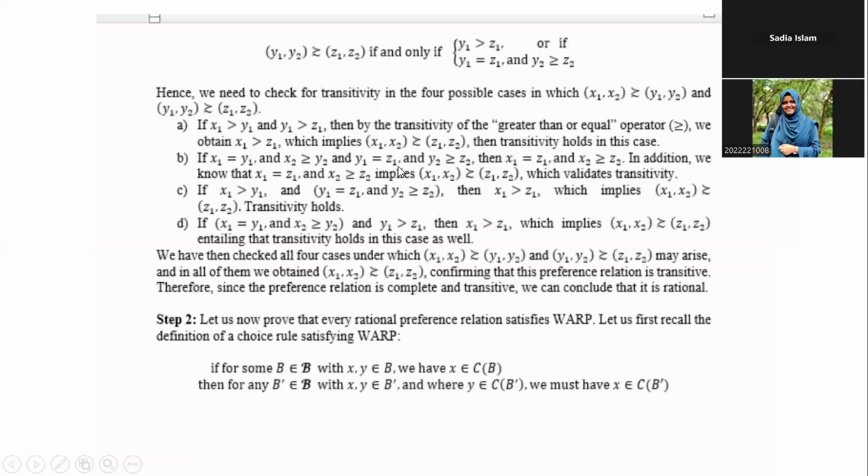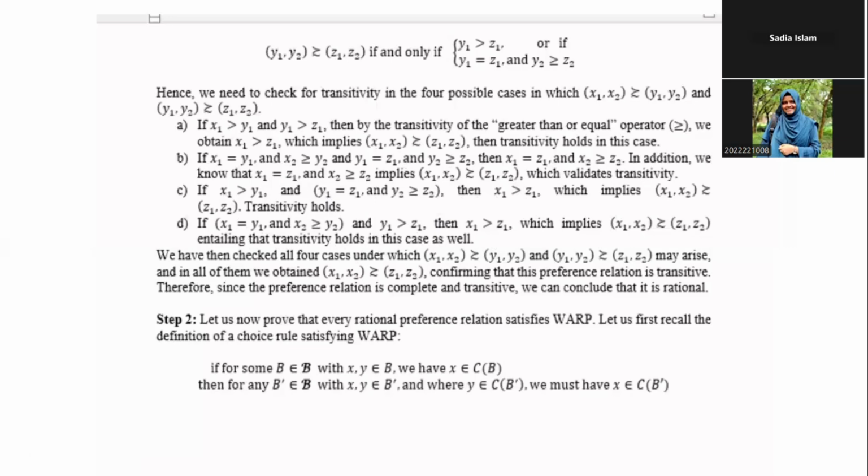This condition also obeys the rule of transitivity. Respectively, in the third case, C, when x1 is greater than y1 and y1 equals z1 and y2 is greater than or equal to z2, we can say that x1 is greater than z1. So again, we take another condition and we test the transitivity, and all of these conditions hold the transitivity rule.